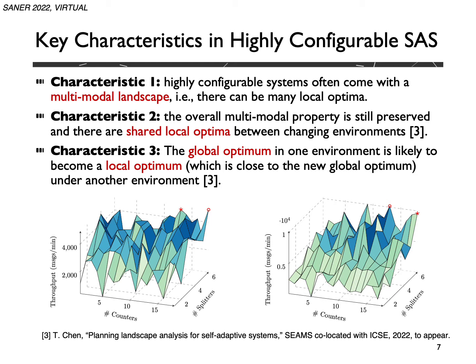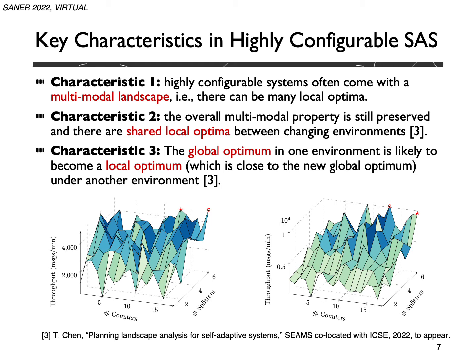If you look at the two figures below, they represent the landscape for two different environments, and we see that the peaks are actually quite similar across the cases. And the final characteristic is that the global optimum in one environment is likely to become a local optimum in another, as we can see here.